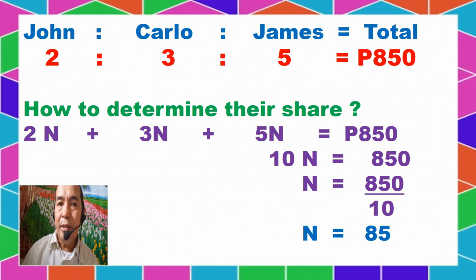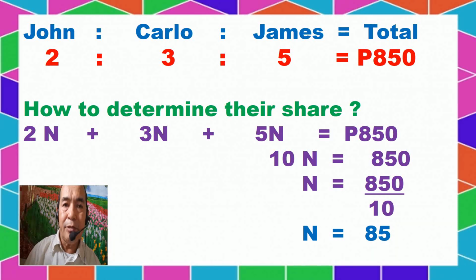Meaning to say, if we add all the amounts, it will total to 850 because he will be sharing 850 in a ratio of 2:3:5. So if we add 2n plus 3n plus 5n, we have 10n. To get the value of n, we divide 850 by 10 and we will get 85.